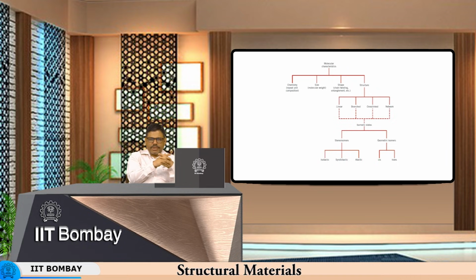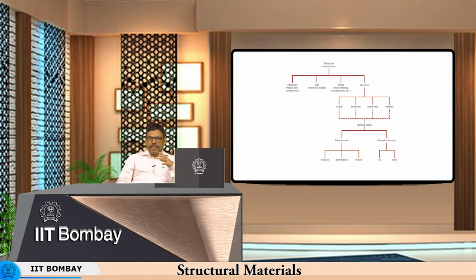Then you have structure, which is linear, branched, cross-linked or network structure. As I have already told you, a cross-linked structure means that there are linkages formed in various directions, due to which the chains are unable to move with respect to each other. I told you that deformation takes place when the polymeric chains are able to move very easily with respect to each other.